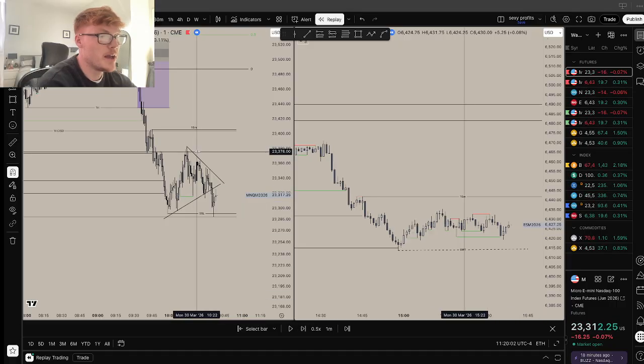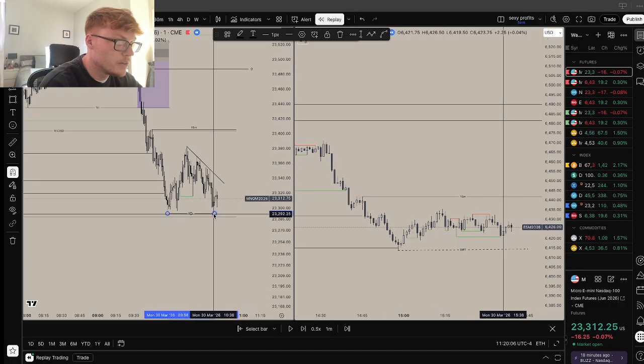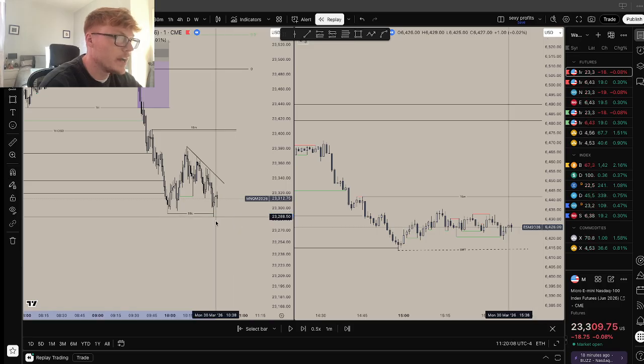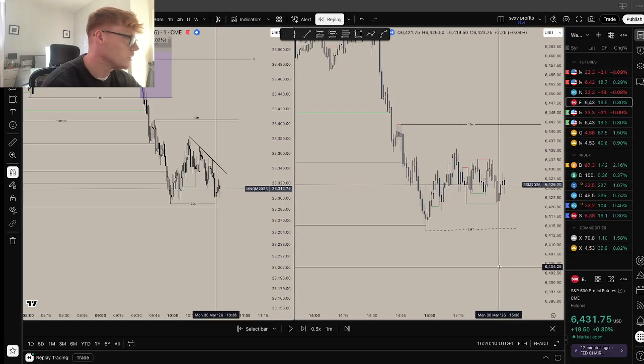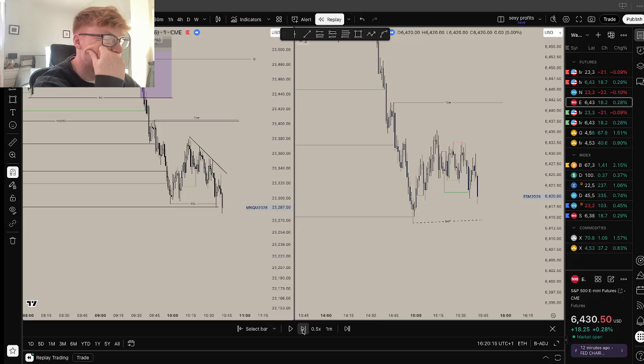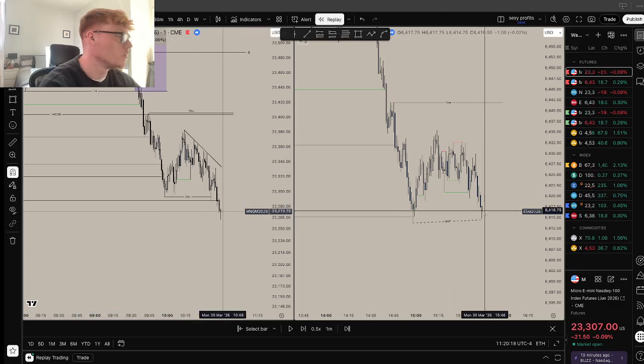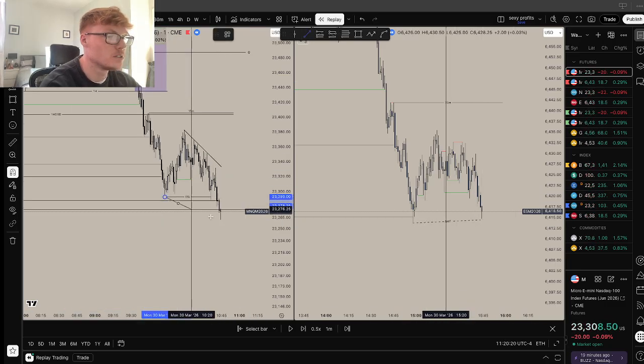Boom. But yeah, anyway. So we took out all this, ended up sweeping out the 1 hour, creating an SMT with a low. Right there. So we took that out. Ended up holding this SMT here with this low.